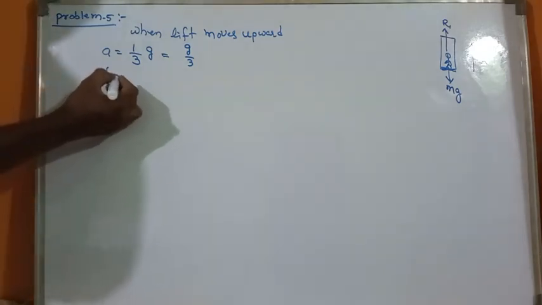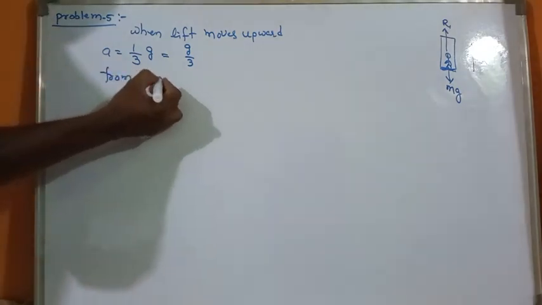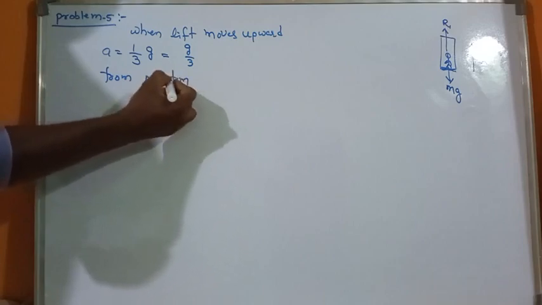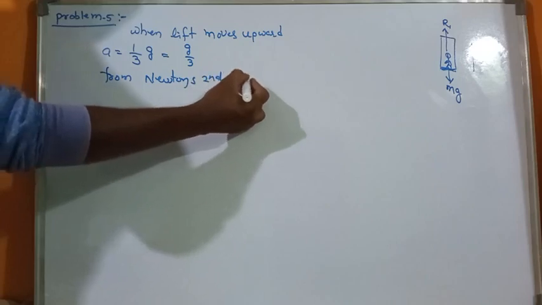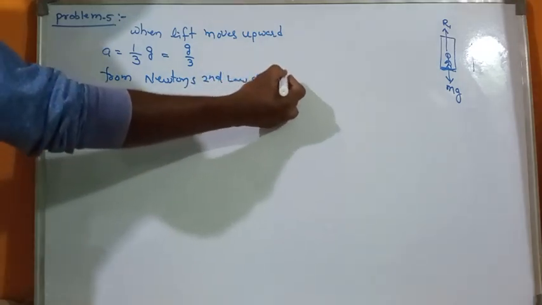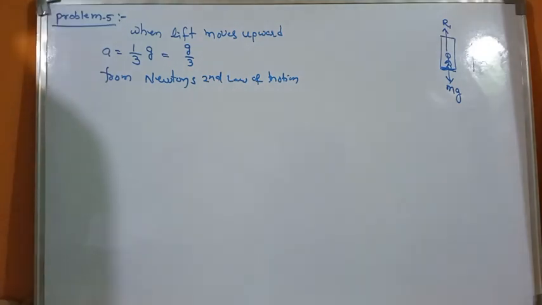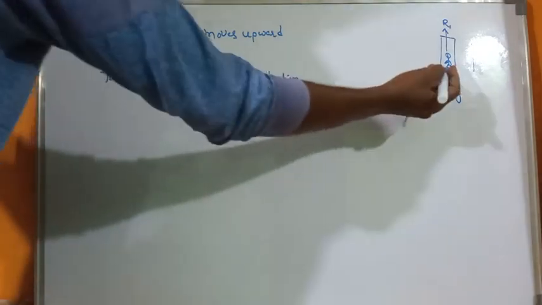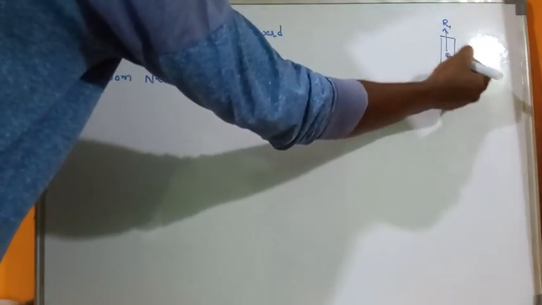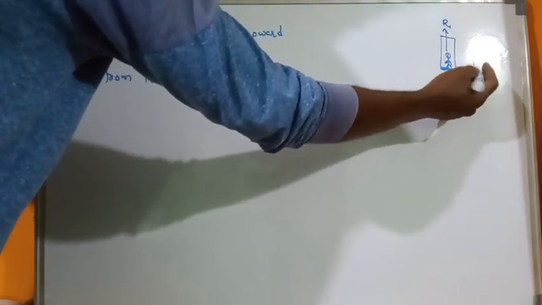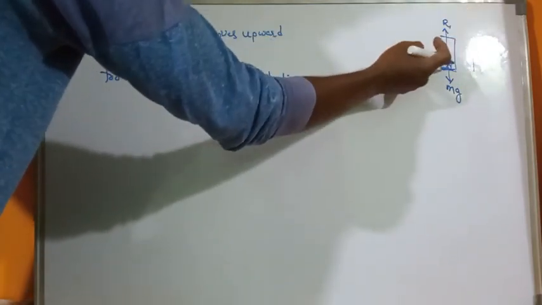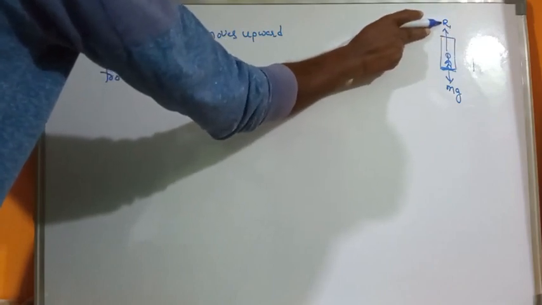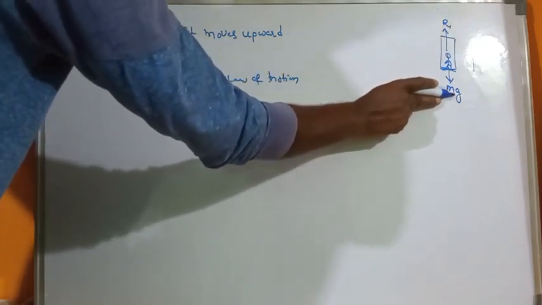From Newton's second law of motion, the resultant force is equal to mass into a. Our lift is moving in the upward direction, so R1 is greater than mg.